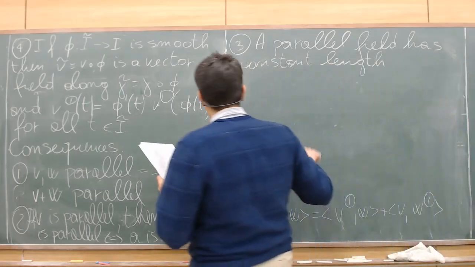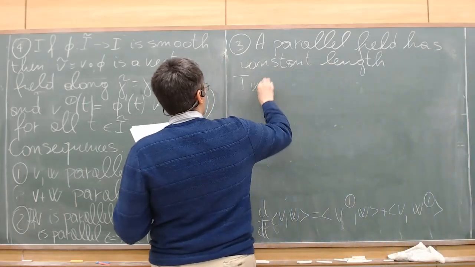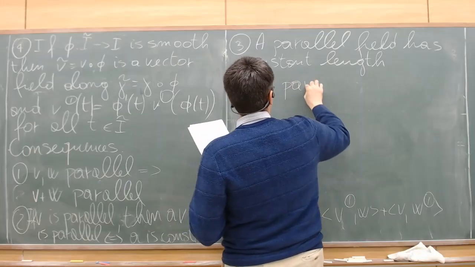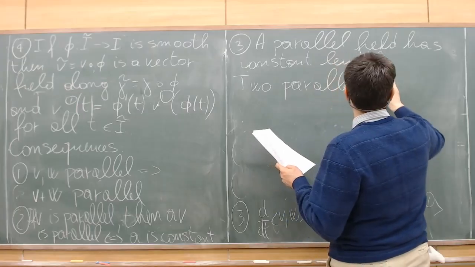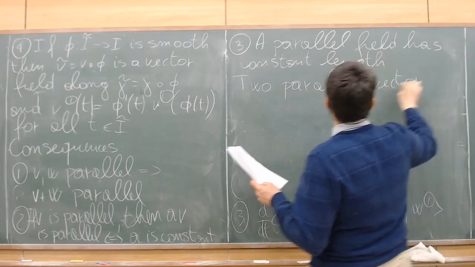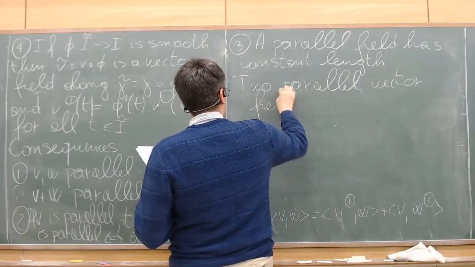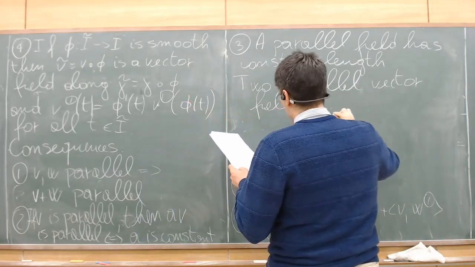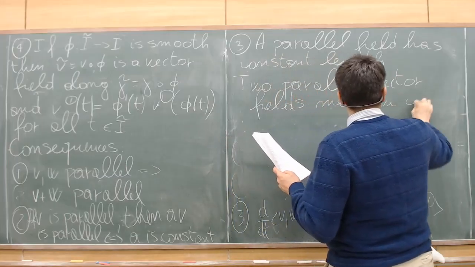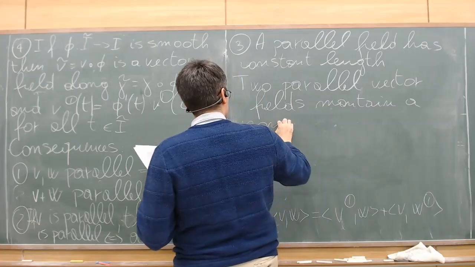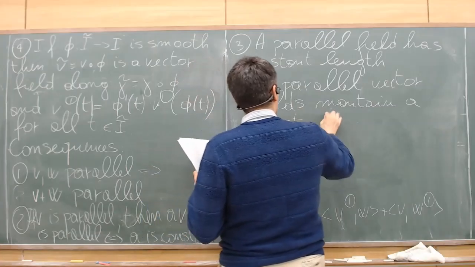Second consequence of the same formula: two parallel vector fields maintain a constant angle.